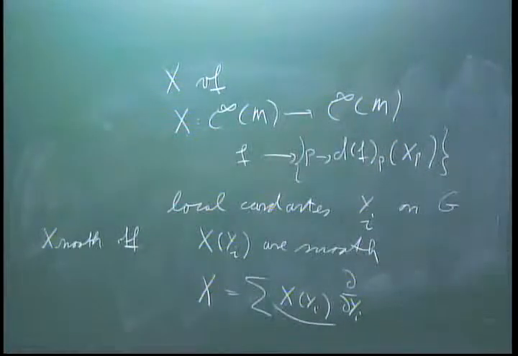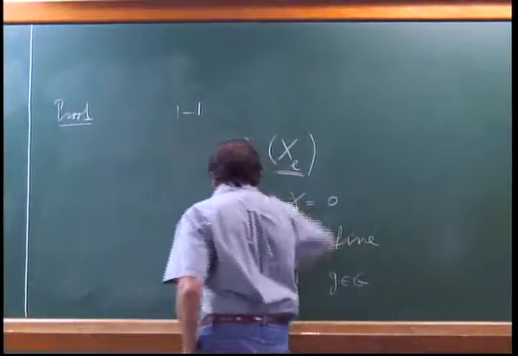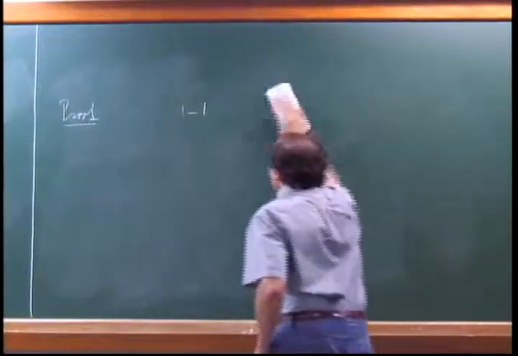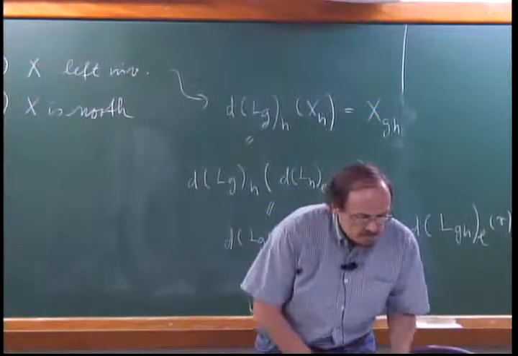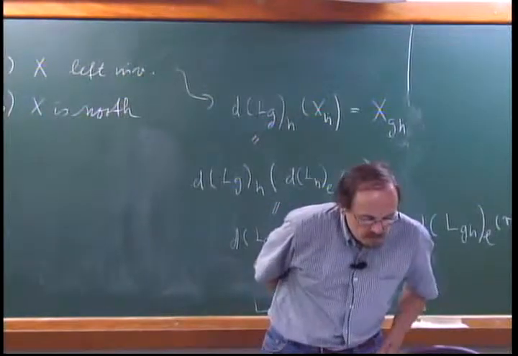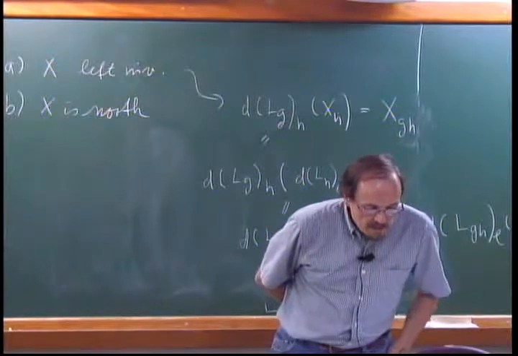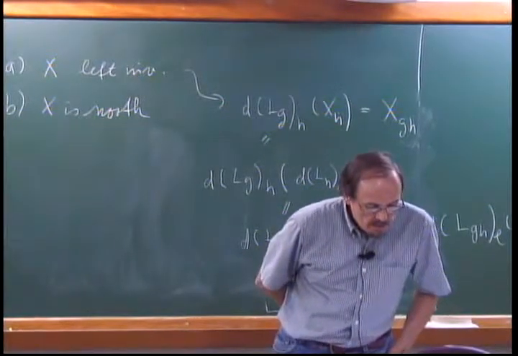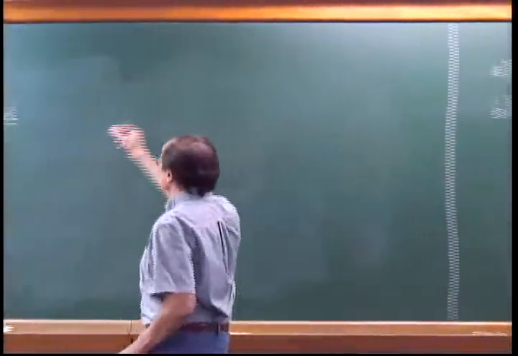So I do this for my Lie group. And now I have to do this just the right way. So I have my left invariant vector field, right?